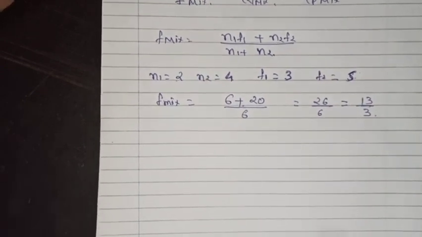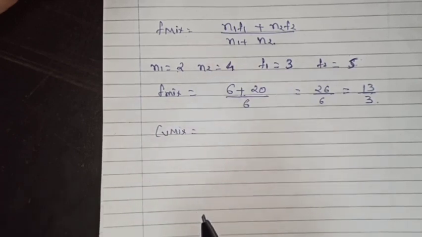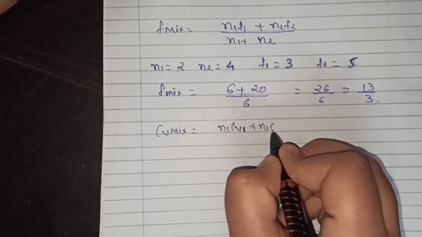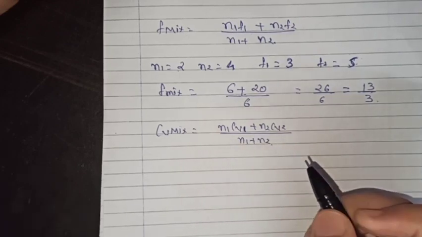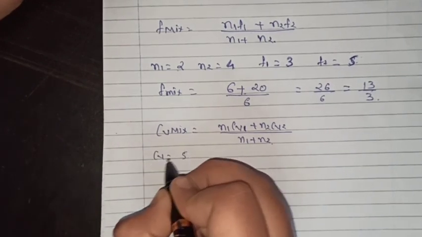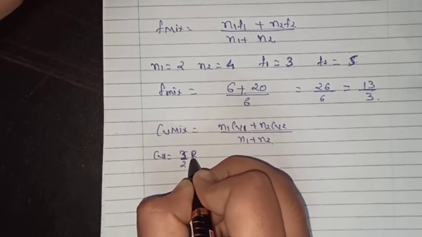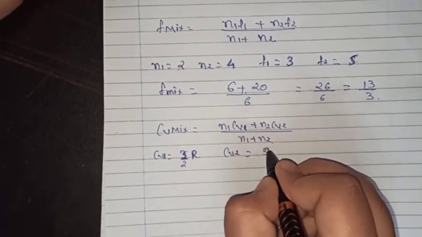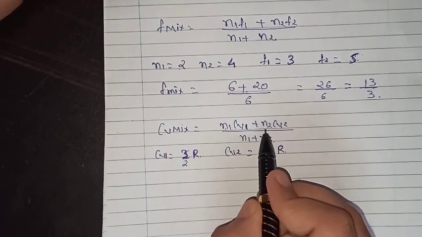Now we want to find Cv of the mixture. Cv can be written as (N1 Cv1 plus N2 Cv2) divided by (N1 plus N2). As the first gas is monoatomic gas, Cv1 will be 3 by 2 R and Cv2, that is for diatomic gas, will be 5 by 2 R. N1 is 2 and N2 is 4.